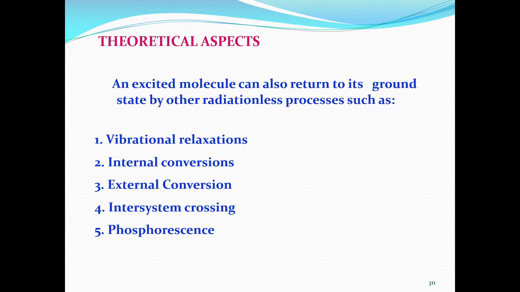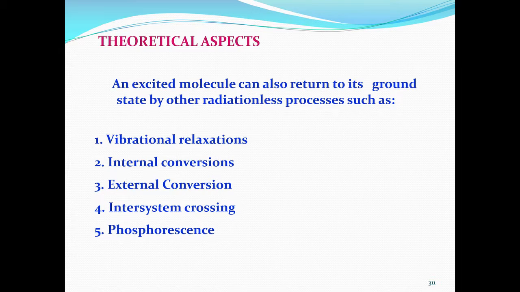So, what are the theoretical aspects of the fluorescing molecule? An excited molecule can also return to its ground state by other radiation-less processes. That means, apart from emitting a radiation, it will lose a part of its extra energy by these methods.